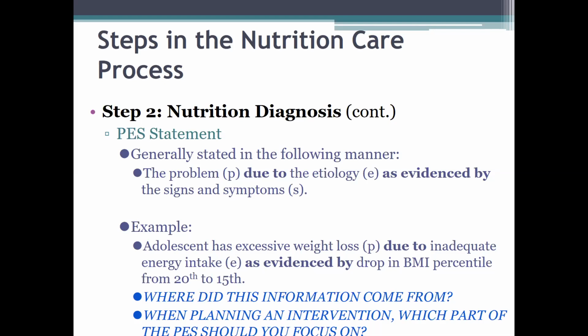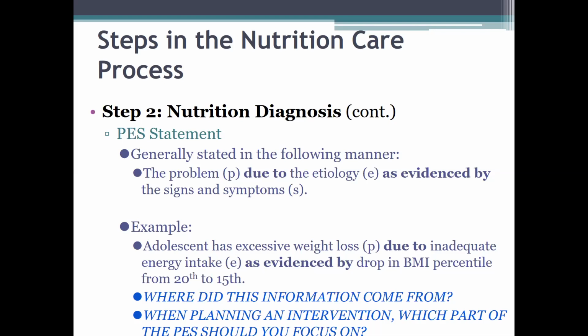And as we're now in the second step, the diagnosis, we have to already be thinking about the next step, the intervention. So when we're planning an intervention, which part of the PES should you focus on? So think about this in different words. You're going to help someone. You're going to solve their nutrition problem.